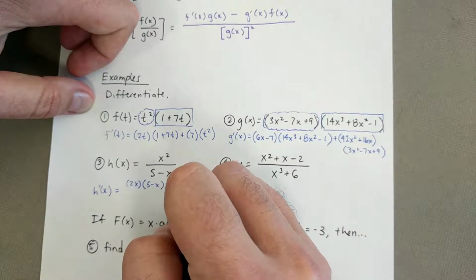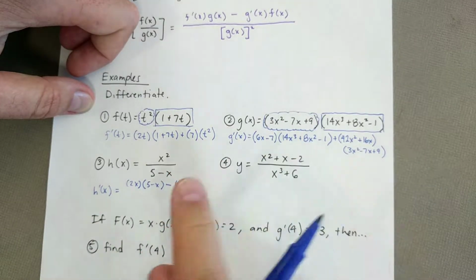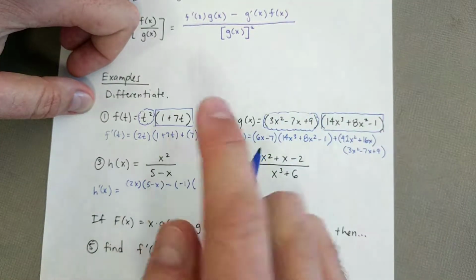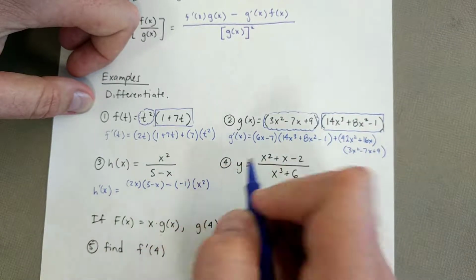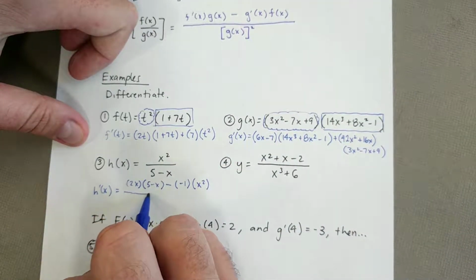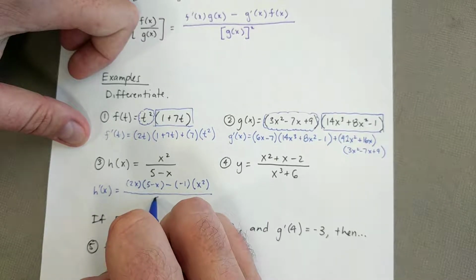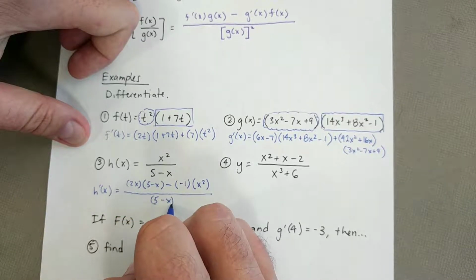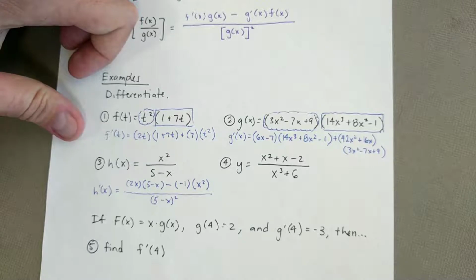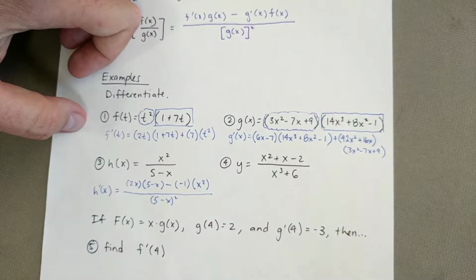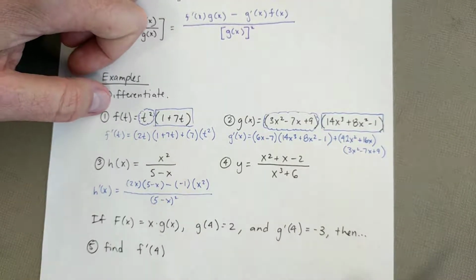Well, that's just going to be negative 1 times the top, x squared. And that's all divided by the denominator that we originally had squared. There you got it.